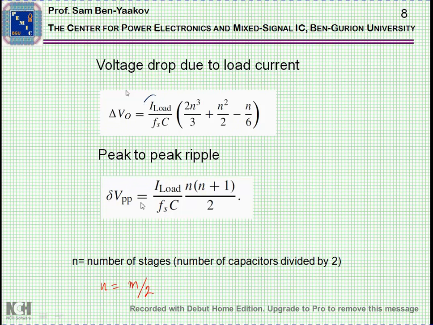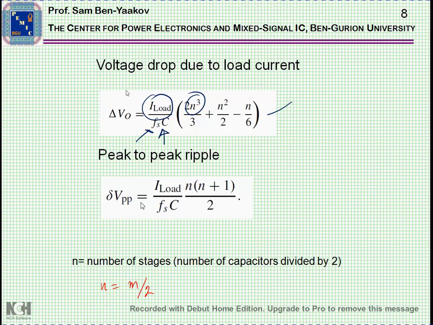Now, I_L is the load current, that is, how much current we deliver to the load. N is the number of stages, that is half the number of capacitors. F is the switching frequency, and C is the capacitance of the capacitor, assuming that all capacitors are of the same capacitance.